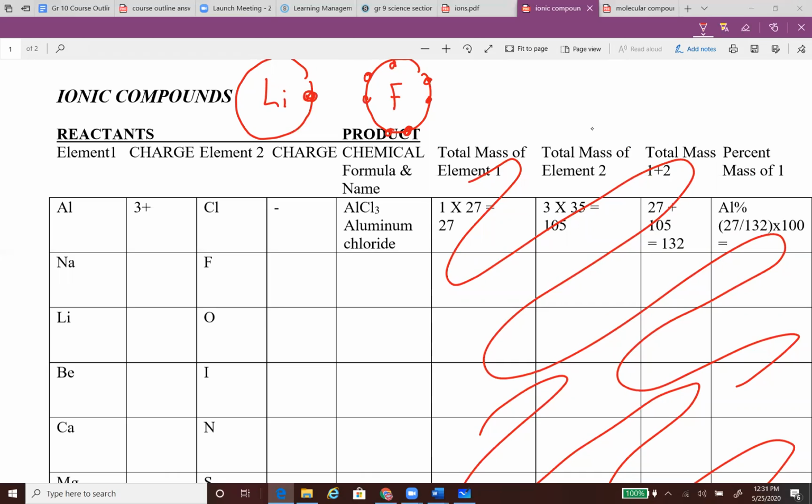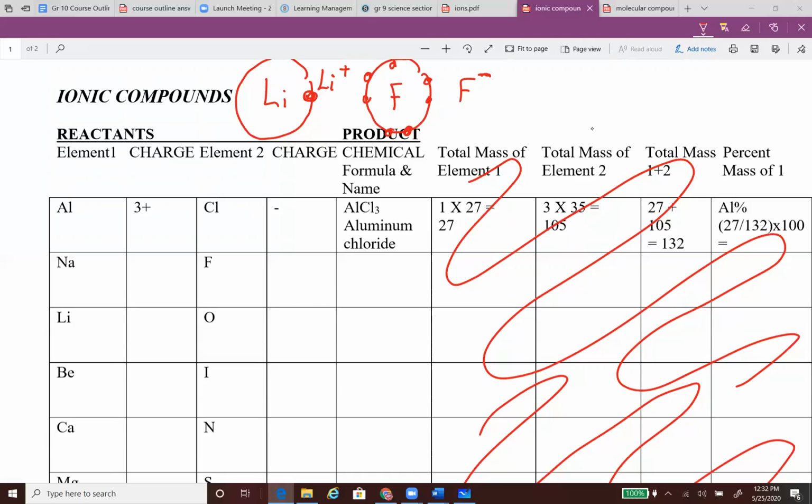So it wants to gain 1. From the previous sheet, we know fluorine wants to become negatively charged, and lithium wants to become positively charged because it wants to lose that electron. So lithium and fluorine would pair up because they can satisfy what the other one wants. Lithium wants to lose the electron and fluorine wants to gain the electron. So that's a perfect match.